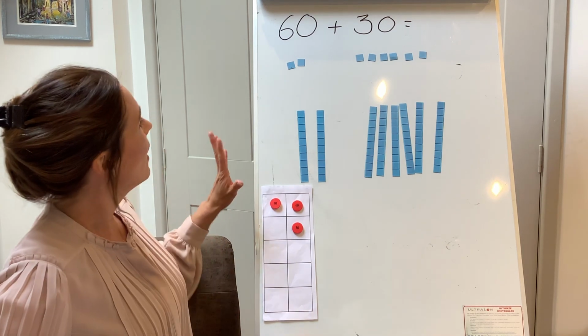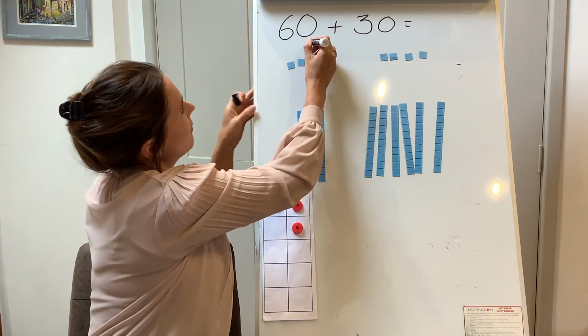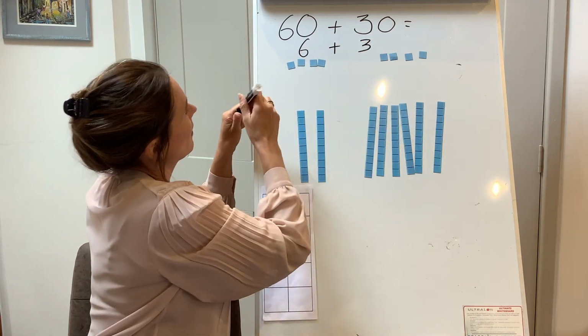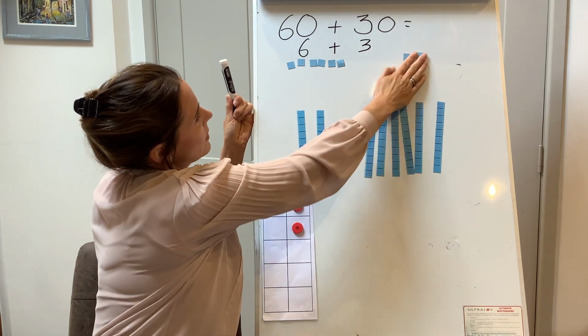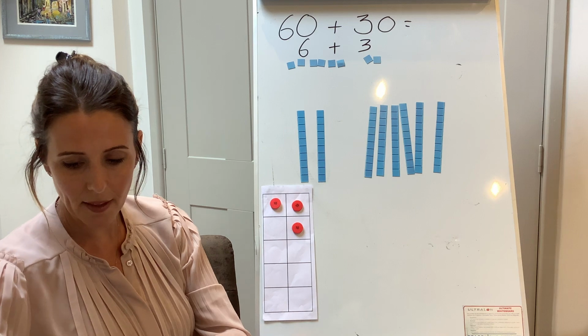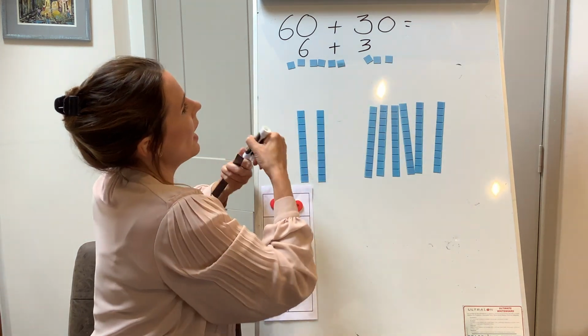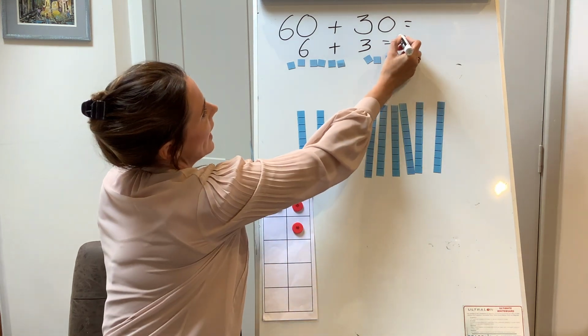Okay, so you could have got 6 and 3 by using 6 counters or base 10 cubes. 6 and 3 more is 9.